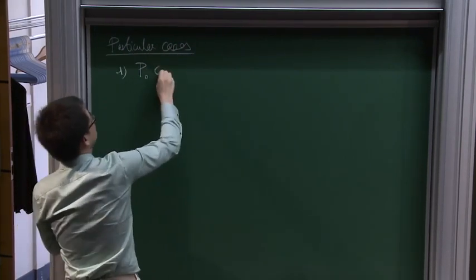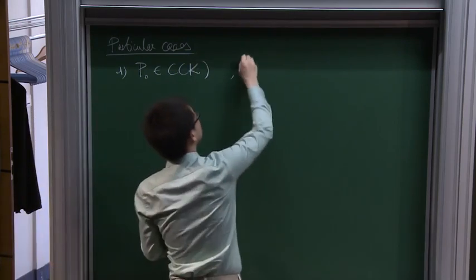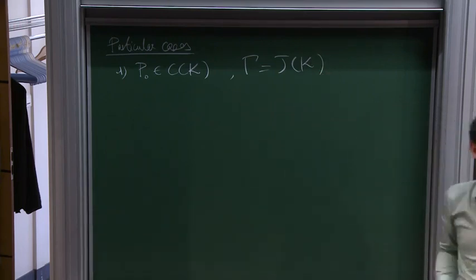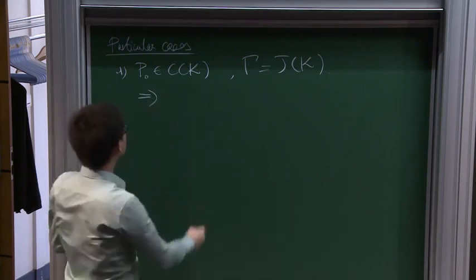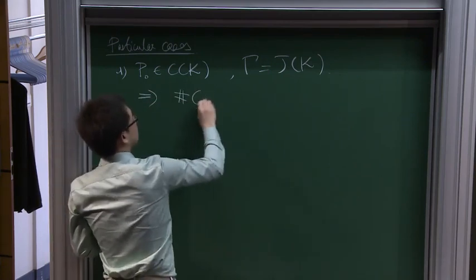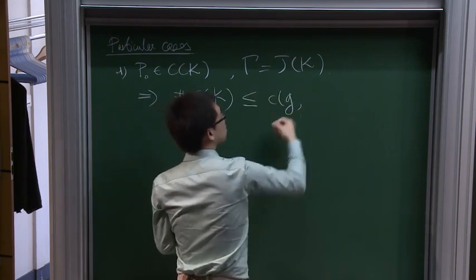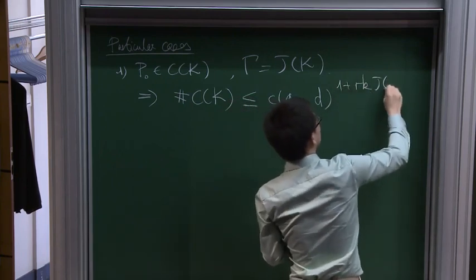If we take P naught to be a rational point and gamma to be J(K), which is a finitely generated subgroup, then our bound here will say that the number of rational points is uniformly bounded in terms of g, D, and the rank.